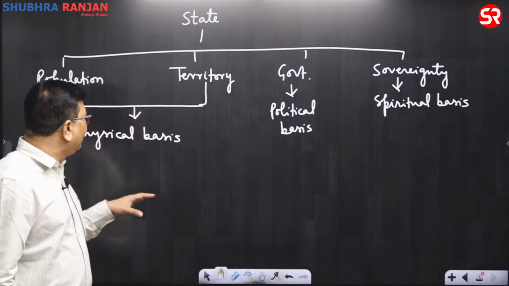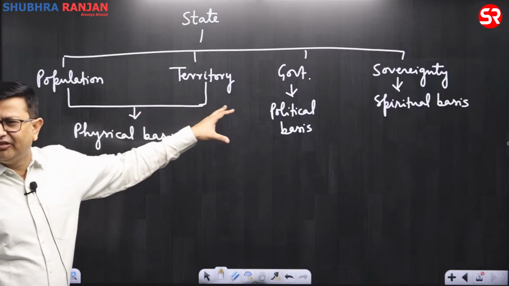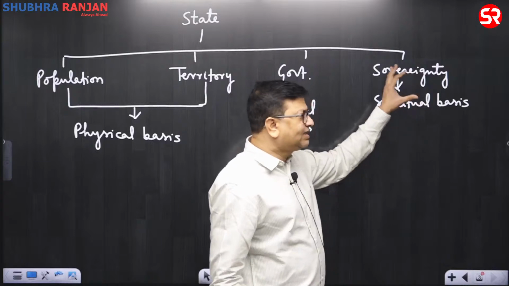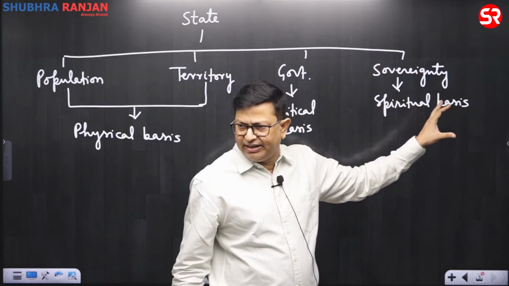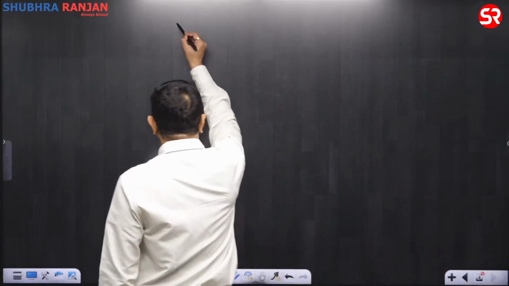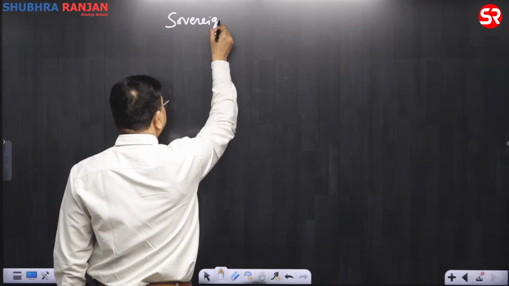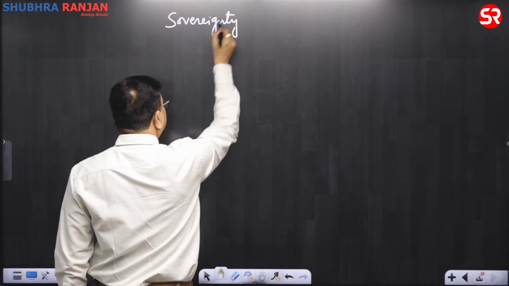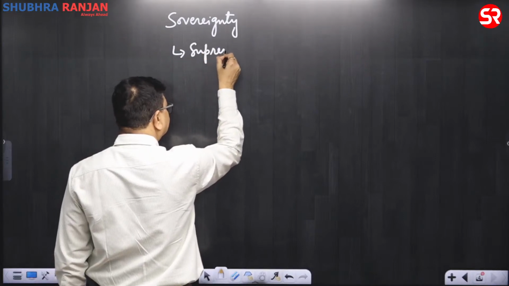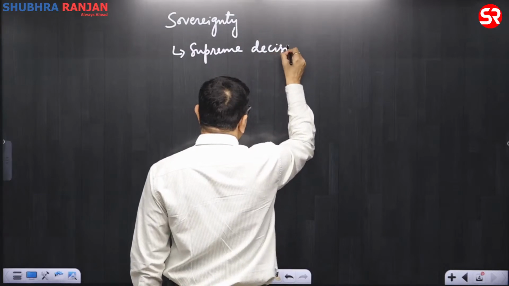Now, you people may have heard this concept of population, territory, government, but some of you may not have an understanding about this concept of sovereignty. Now, when we talk about sovereignty, sovereignty is the supreme decision making power.